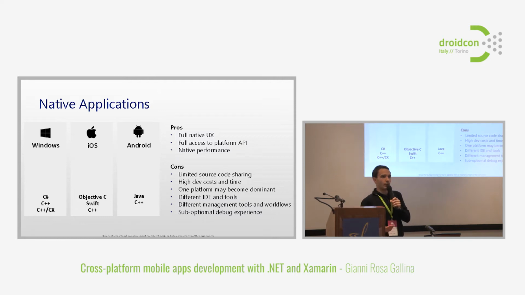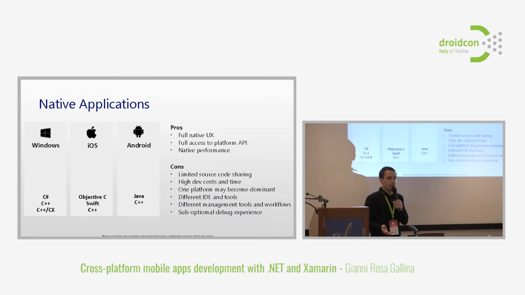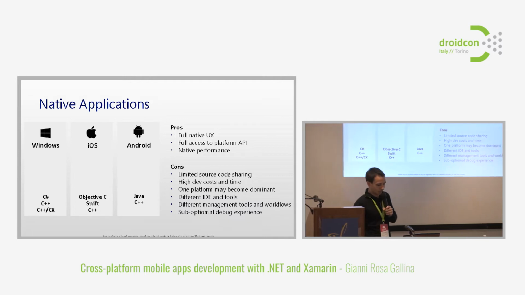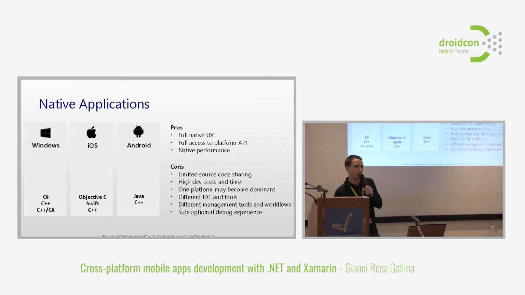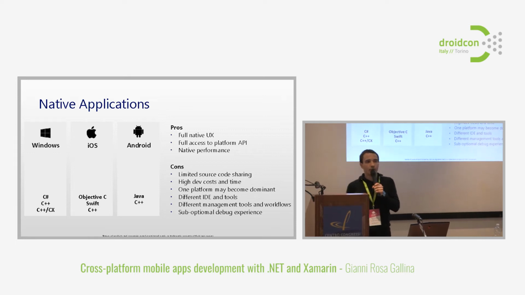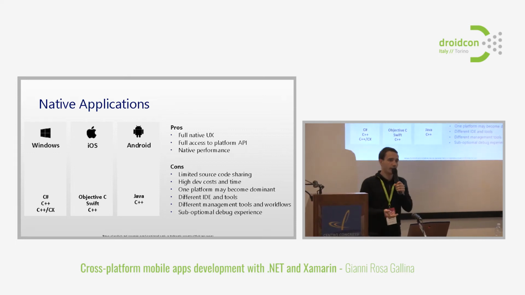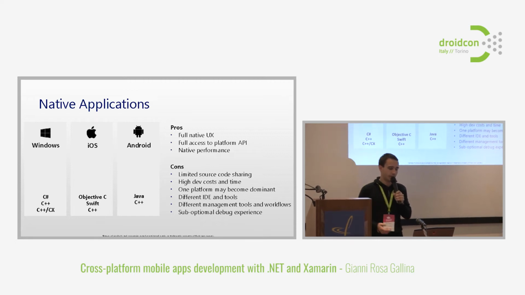This means that we have different teams that develop the application, different teams that design the application, different teams that maybe publish the application or handle bugs or different stuff. Also, in this case, we have a suboptimal debug experience because for each application we may have different bugs, and when we fix a bug for one platform, it's not necessarily the same bug that we have on other platforms. So we have tripled the costs and efforts to support the different platforms.